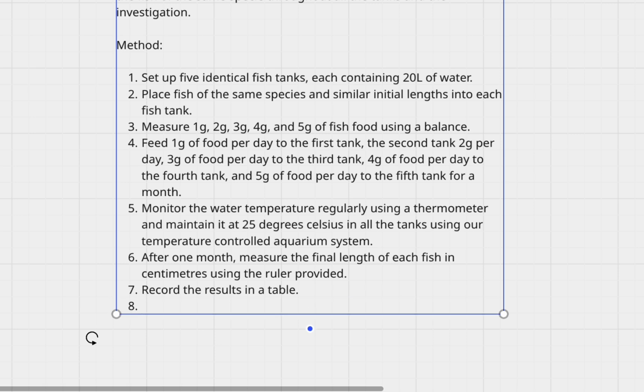Next, we're going to repeat this 3 times. We're going to repeat this entire investigation 3 times, so for 3 months, because it's really important that you mention repetitive trials, because if you don't, then your data won't be reliable. Because if you conduct an experiment and conduct it again the second time, the results will be different.